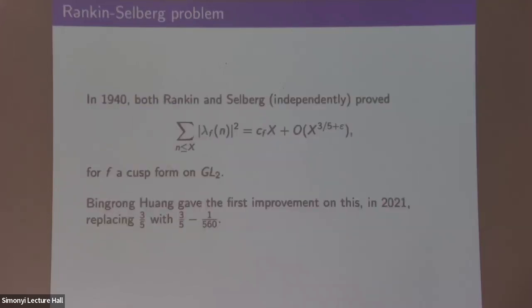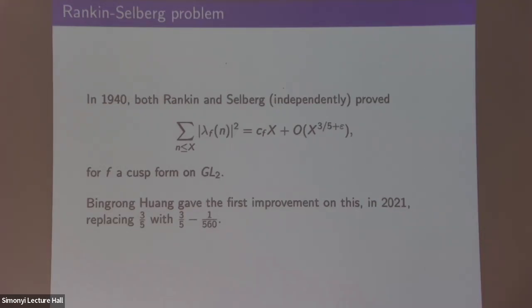Okay. So another corollary is to what's called the Rankin-Selberg problem. There's a result back from 1940 where Rankin and Selberg independently proved this famous result about summing up the squares of the coefficients of a GL2 cusp form.